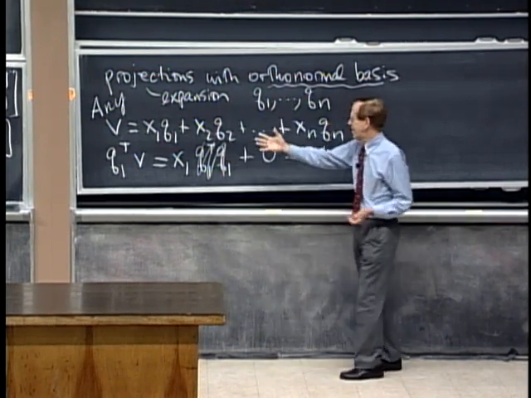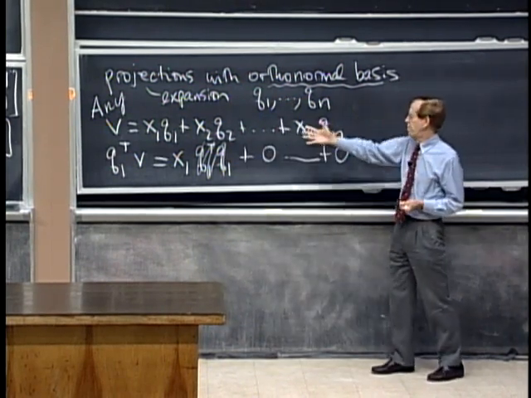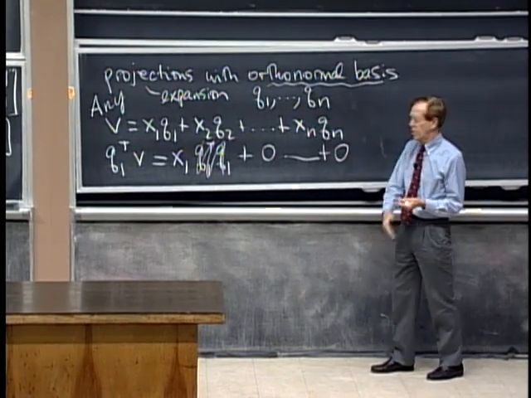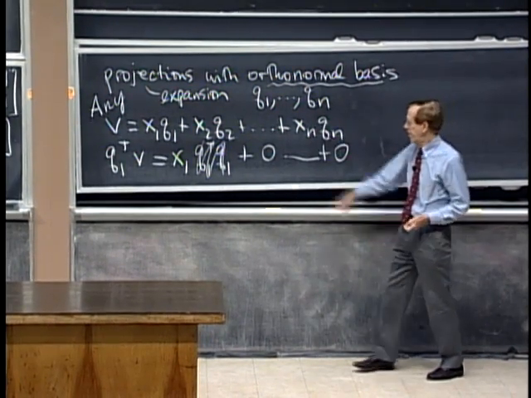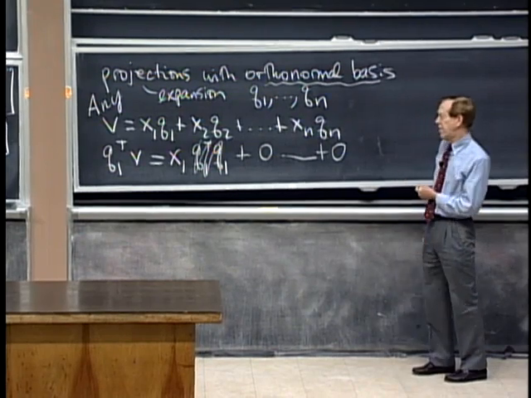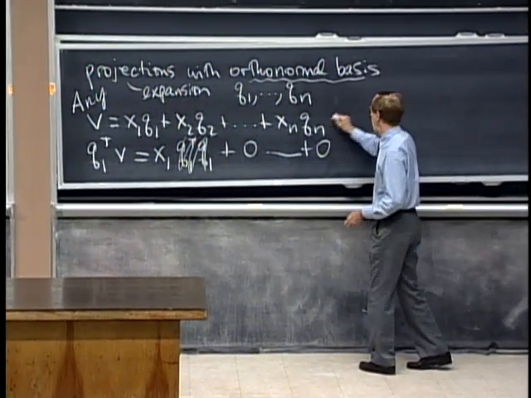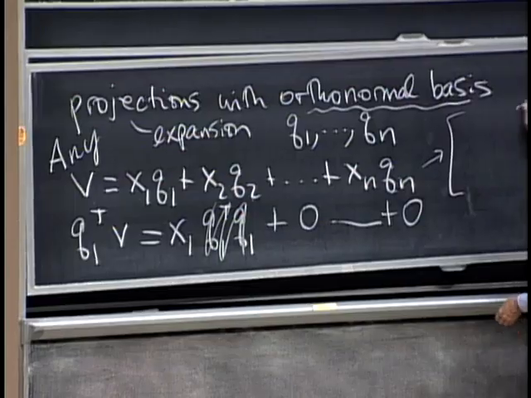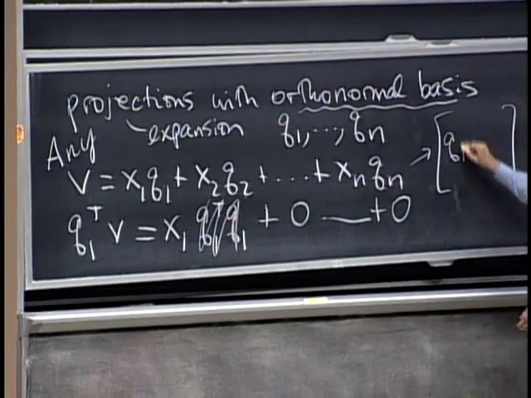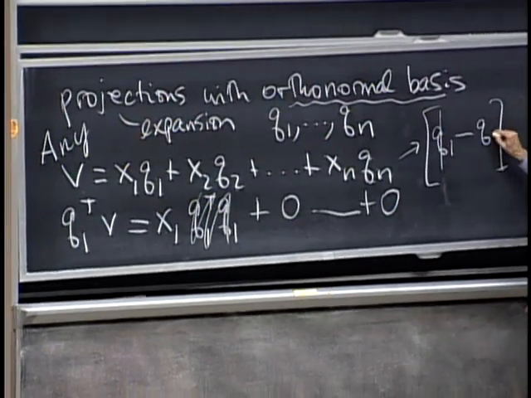Let me just put this into matrix language too, so you see it there also. If I write that first equation in matrix language, what is it? I'm taking these columns, are you guys good at this now?